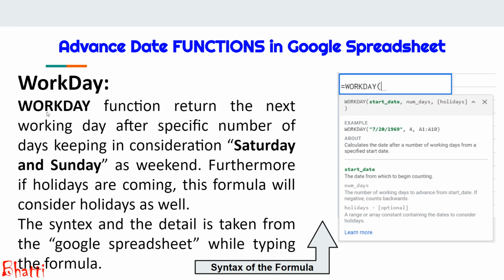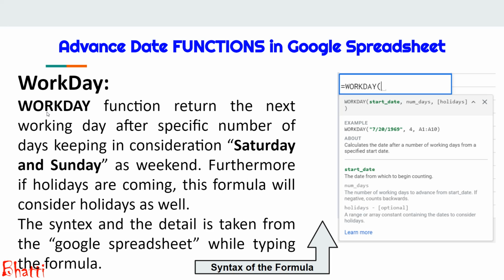So the function returns the next working day after a specific number of days, keeping Saturday and Sunday as the weekend. As I told you, it has a limitation: as we are working in Saudi Arabia, here the weekend is not Saturday and Sunday, it is Friday and Saturday. If we are working in Asia, like Pakistan, India and other countries, mostly they take Thursday and Friday as the holiday.